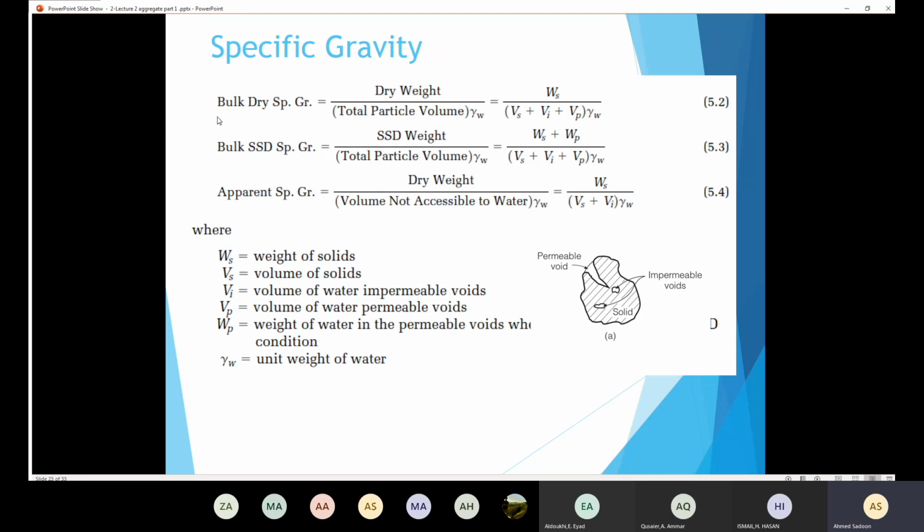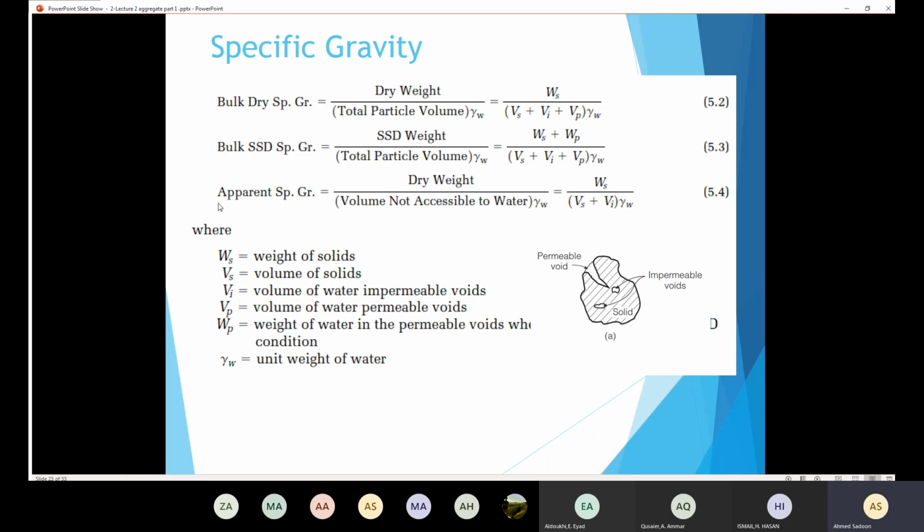Regarding the bulk saturated surface dry, the only difference here is Wp. Wp represents the weight of the water inside the permeable voids. So the only difference between the bulk dry specific gravity and the bulk SSD specific gravity is Wp, the weight of the water inside the voids.